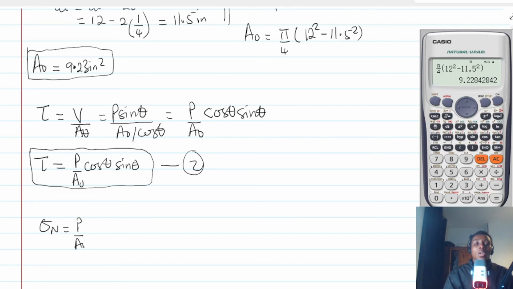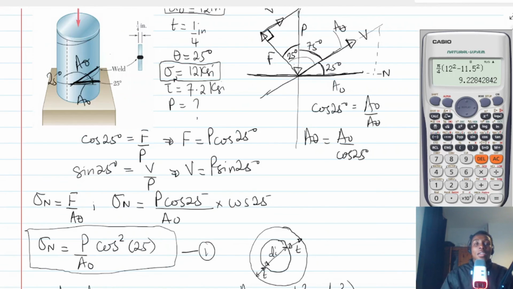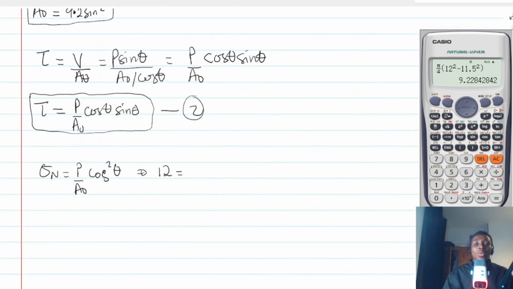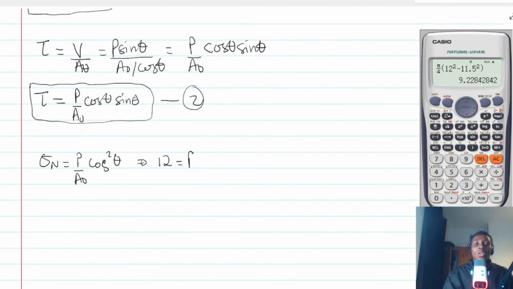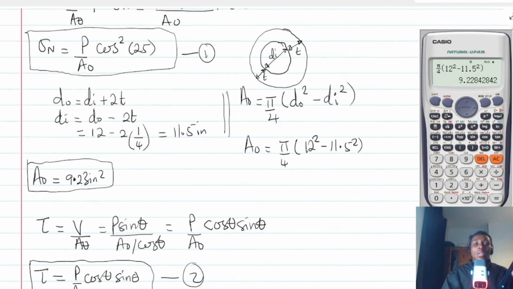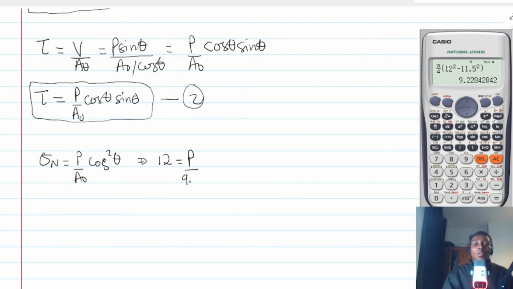P over A naught cosine squared theta. But if sigma is 12 ksi, what will happen to P? So it will be P over original, which is 9.23, cosine squared 25, right?